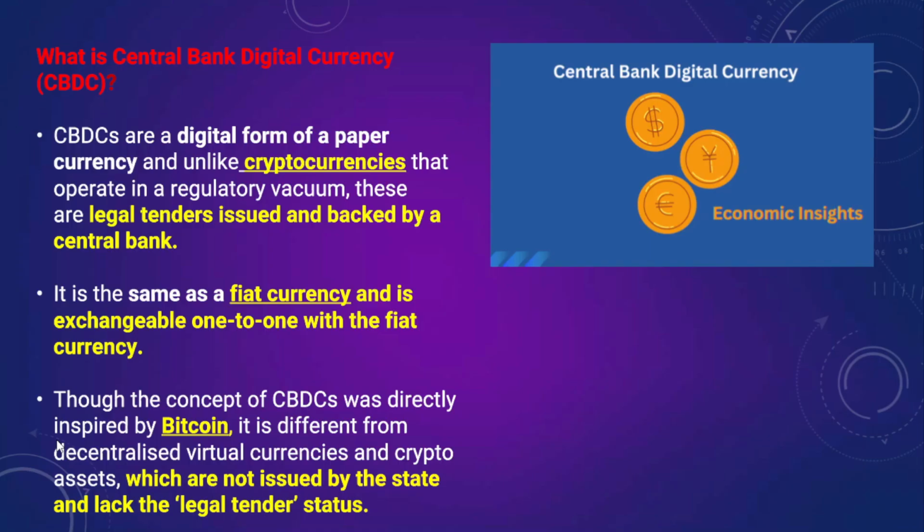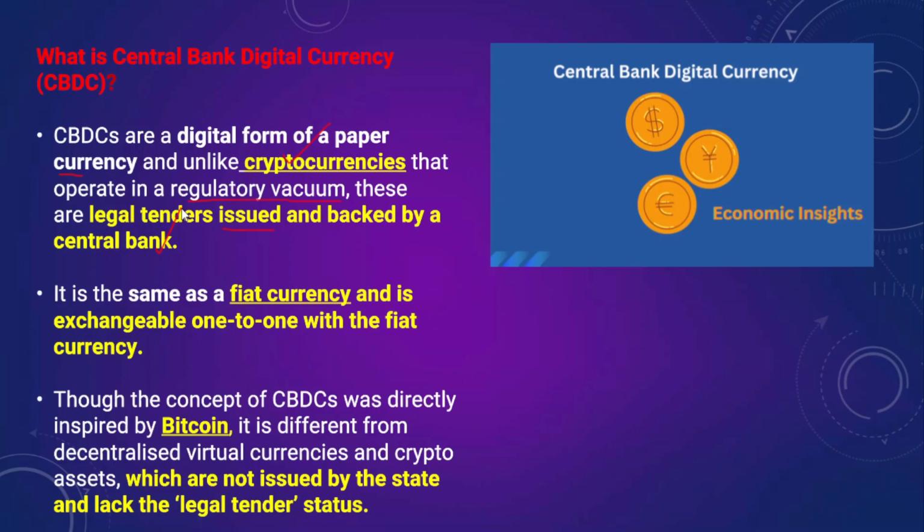And in this context, you need to understand what exactly the central bank digital currency is. This CBDC is a digital form of a paper currency, unlike cryptocurrencies that operate in a regulatory vacuum. These legal tenders are issued and backed by the central bank.